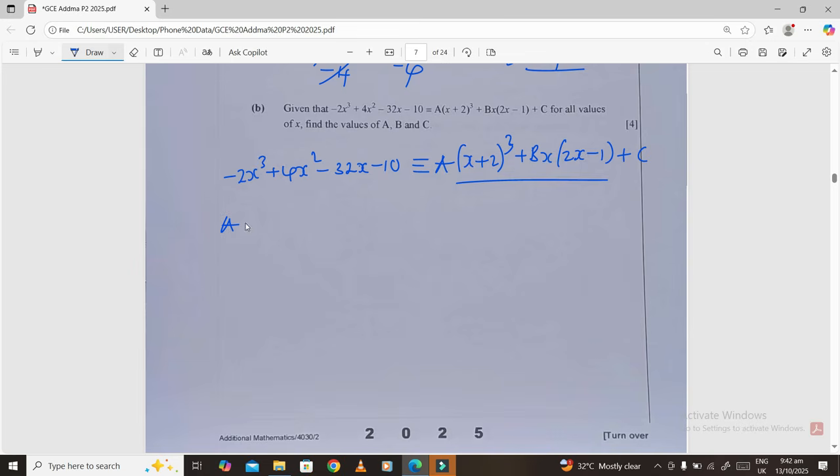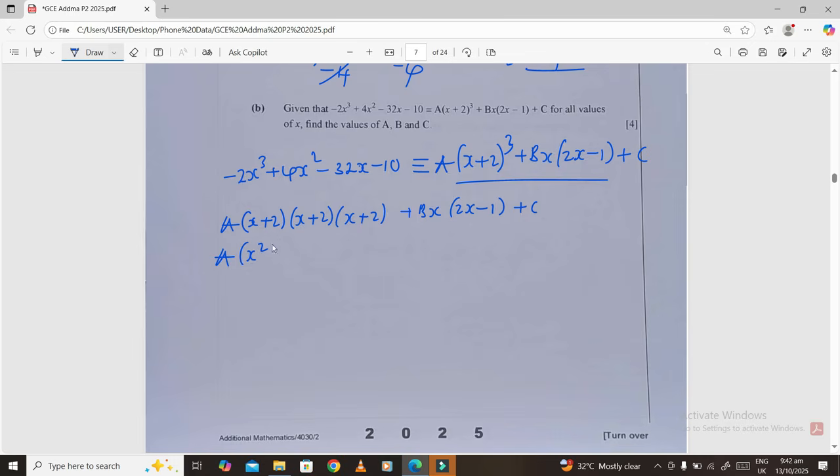So we've got a open bracket. This will be multiplying this by itself. It will be x plus 2, x plus 2, x plus 2, plus bx(2x minus 1) plus c. So we multiply here.